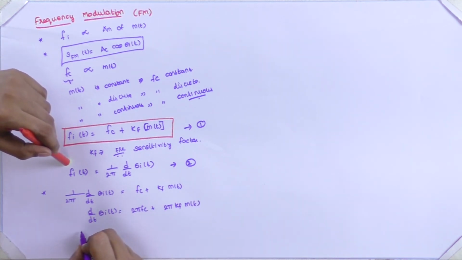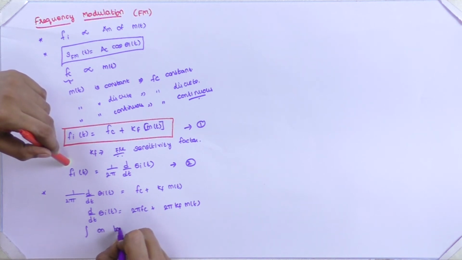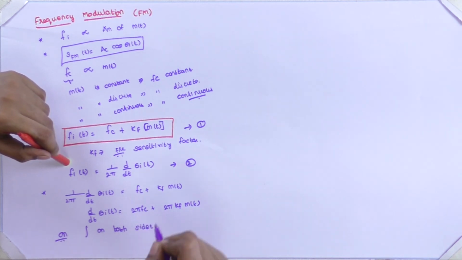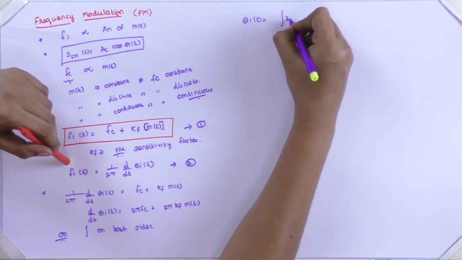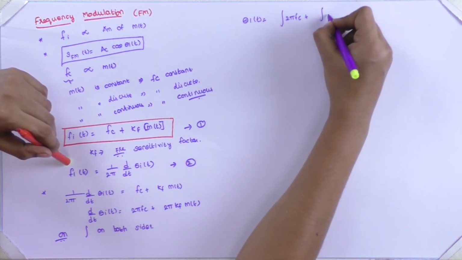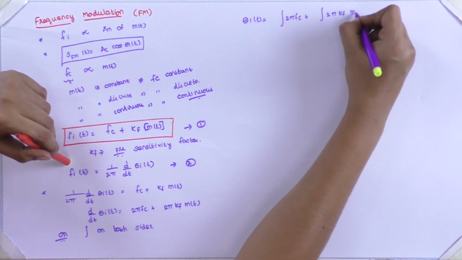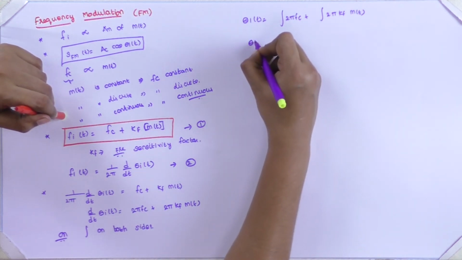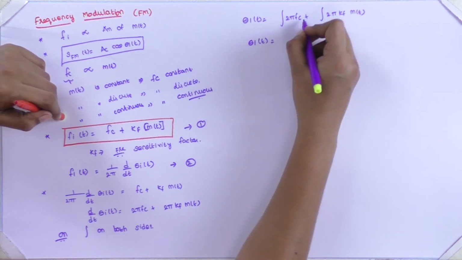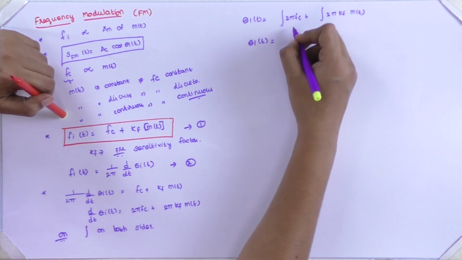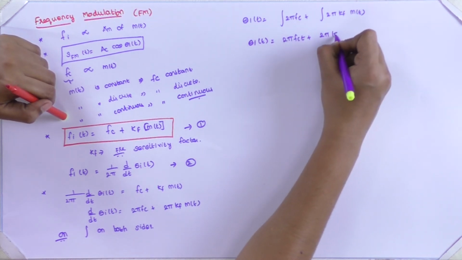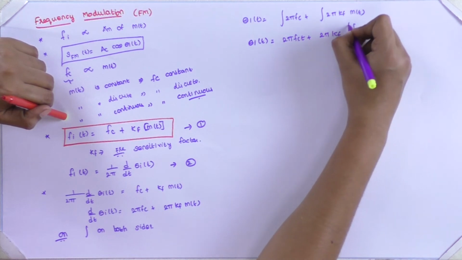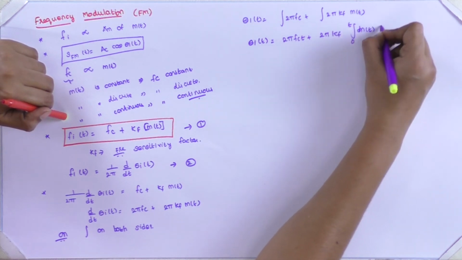By integrating on both sides, we get theta i of t is equal to the integral of 2 pi Fc plus the integral of 2 pi Kf m of t. Whenever we integrate a constant term, we get 2 pi Fc t plus 2 pi Kf integral from 0 to t of m of t dt.